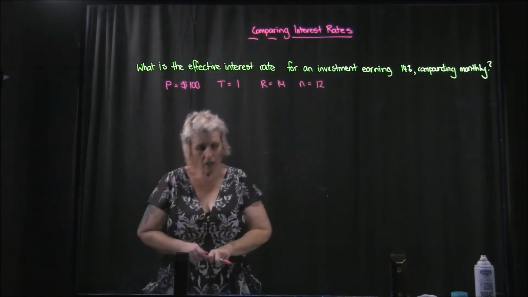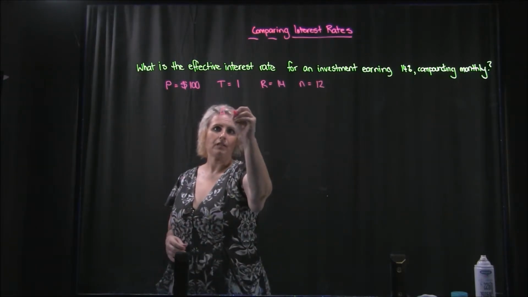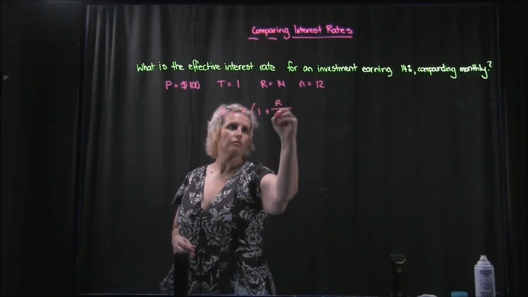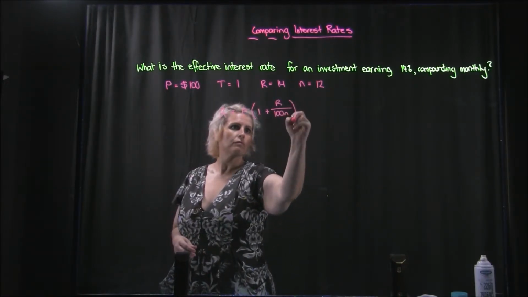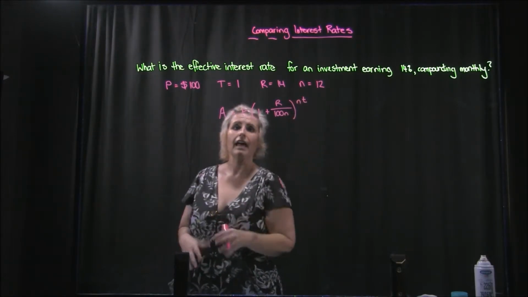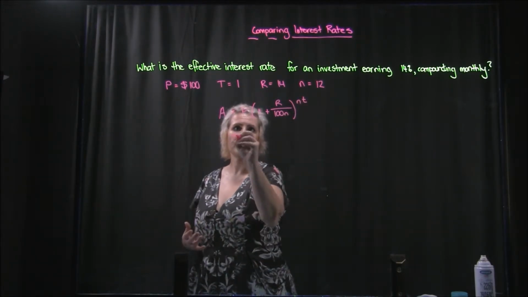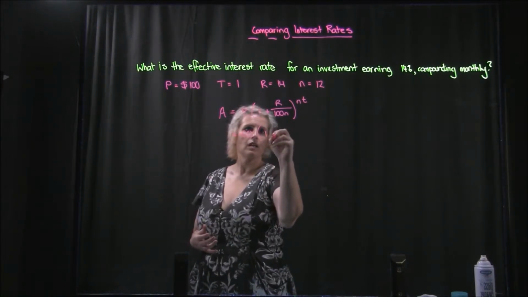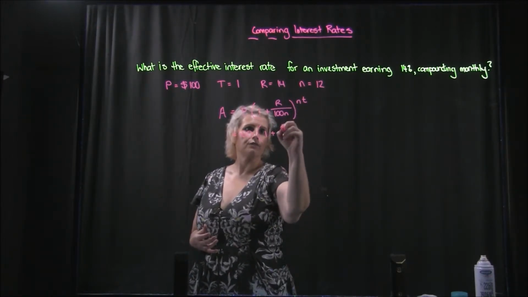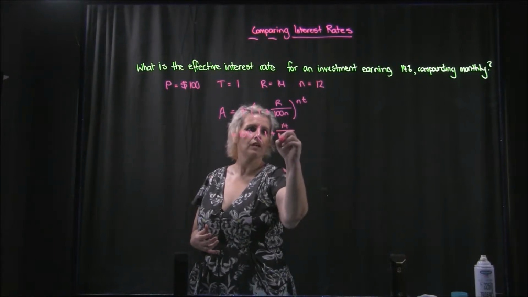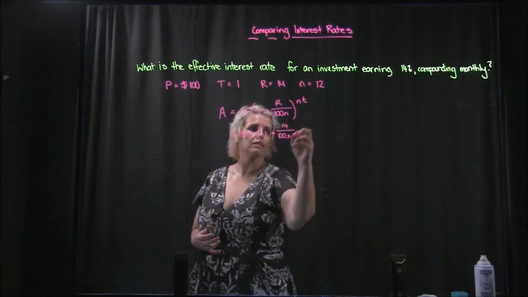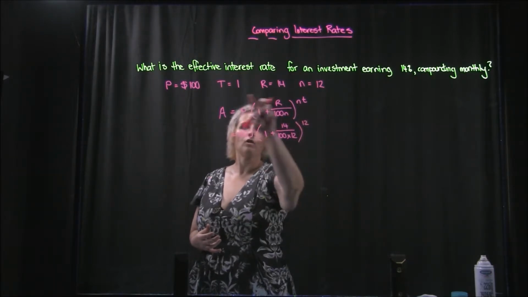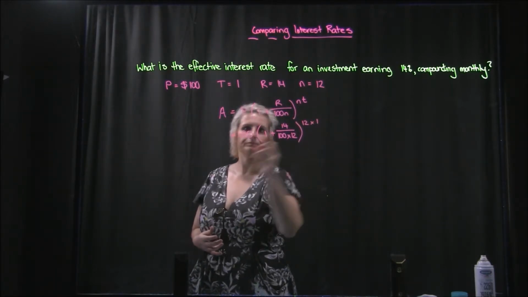Okay, so first thing, we write our compound interest formula. Then we sub in what we know. Our principal is going to be 100 every time. Our rate is 14, our number of rests is 12, so n is 12, and time is 1.